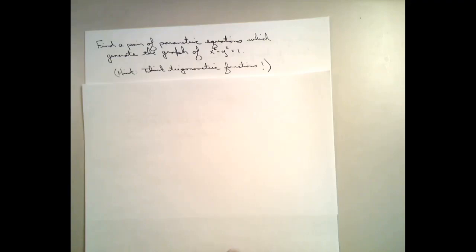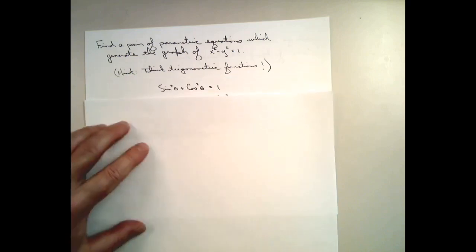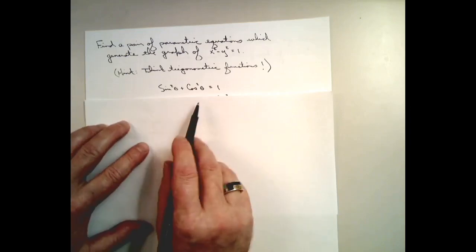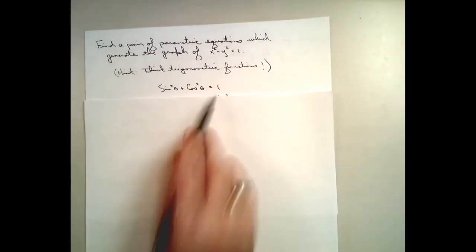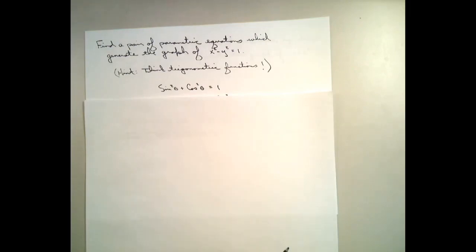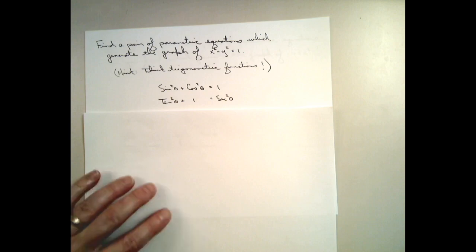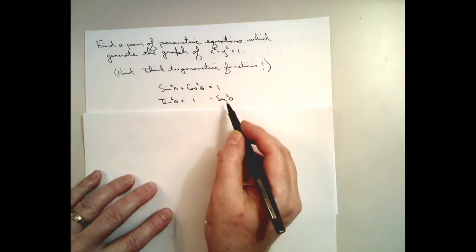Okay. Let's see if what you did agrees with what I did. There are a couple of ways we could have proceeded. But I'm going to go back to sine squared plus cosine squared equals 1. Of course, that's not going to help us a whole lot in that form. But if I divide both sides by cosine squared, then I've got tan squared theta plus 1 equals secant squared theta.